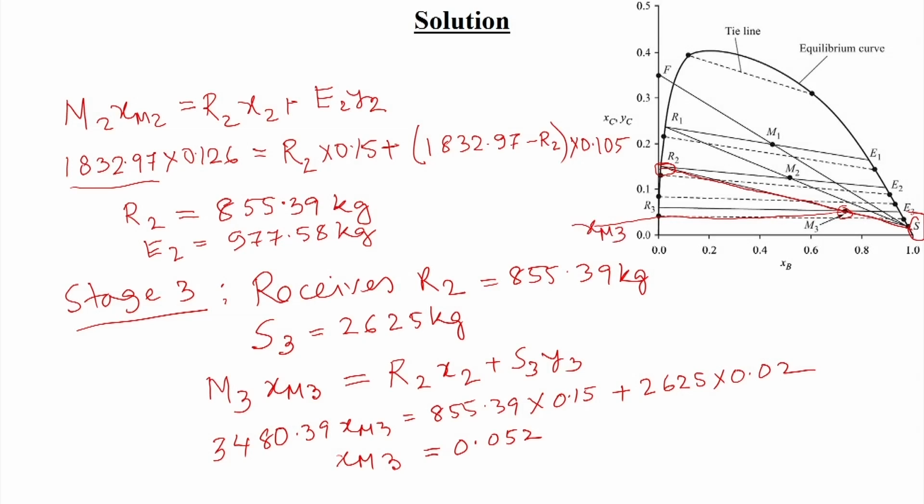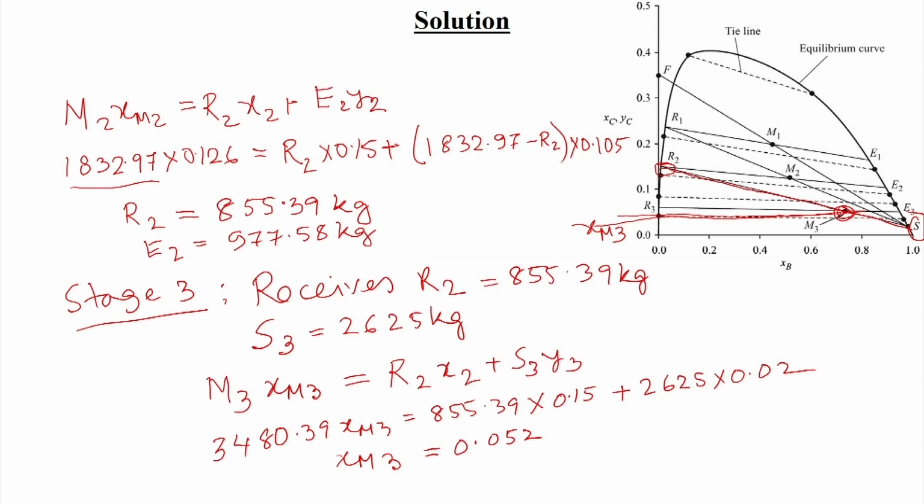Now we have this point M3. We have R2 and S and we have x M3. If we extend this from the x and y axis, when it touches the R2 S line, from there we get the point M3.